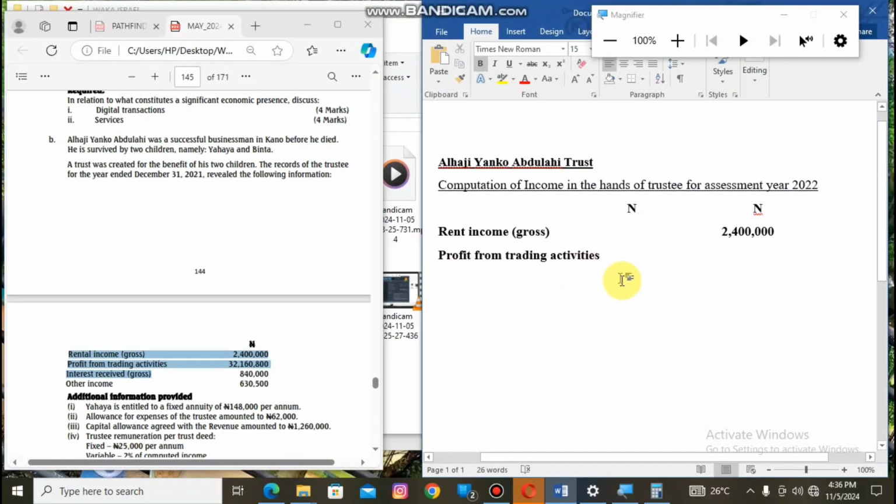You will deduct the capital allowance from that profit first, so that it becomes your net income from the trading activities. So let's bring the amount down for profit from trading activities: 32,160,800. Then the next thing, you deduct your capital allowance. Look at the additional information, you see the capital allowance there. Capital allowance is 1,260,000.